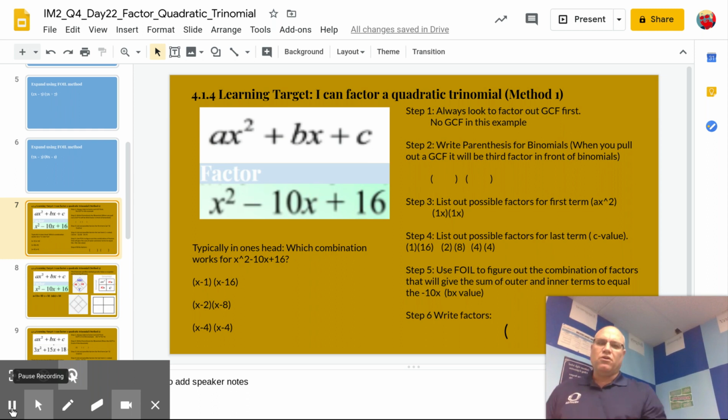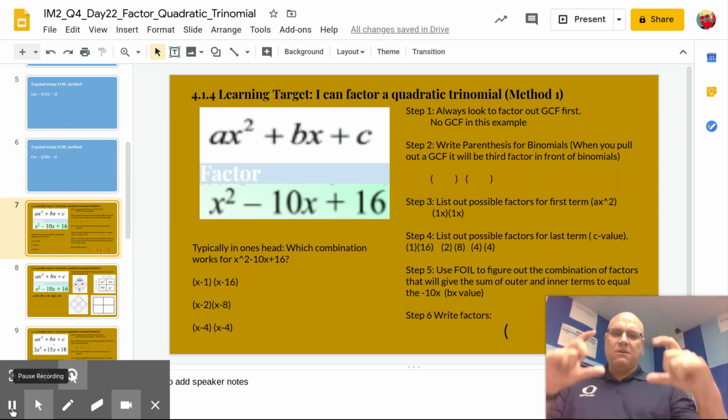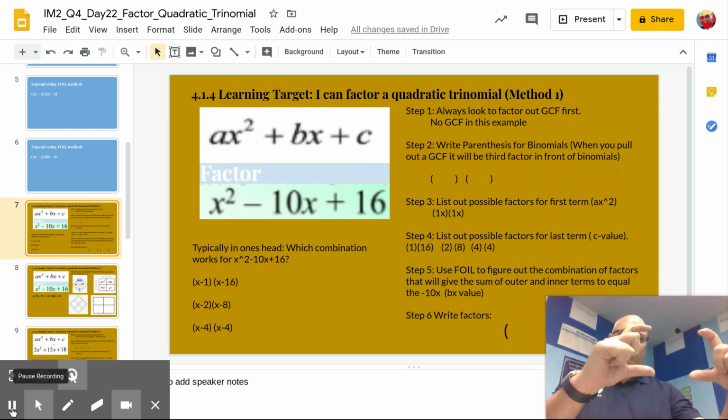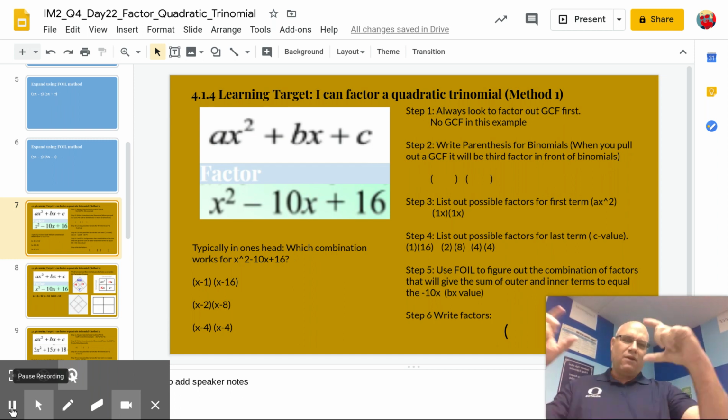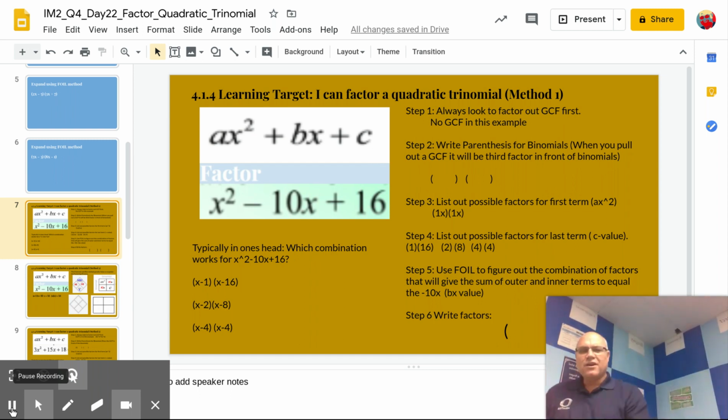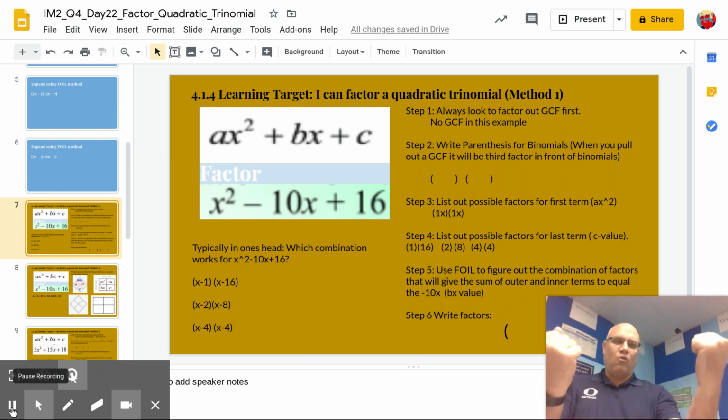So this one doesn't have a GCF for us to pull out. Step 2 is, we know when we factor this, it's going to be a binomial times a binomial. That's going to be factored form, so I can write the parentheses. Then your next step is, what are your possible factors for the first term? So x squared, 1x squared. Well, 1x times 1x is really our only option.